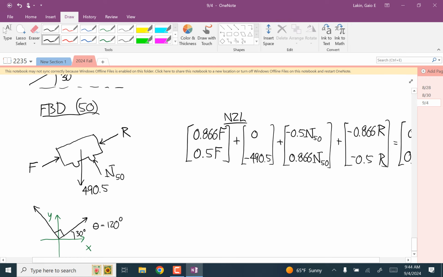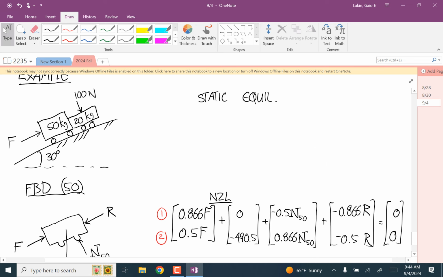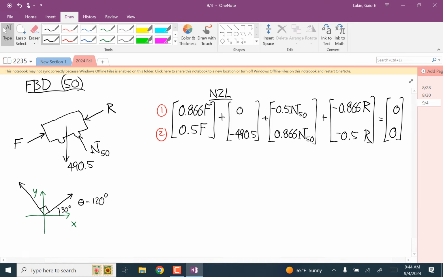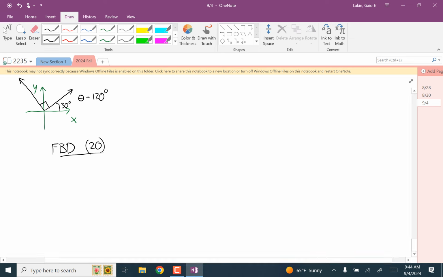Okay, so we got our first equation, equation 1. Here's equation 2. And now we can go on to the free body diagram of the second cart. So this is the 20. The weight force is straight down, and that's 20 times 9.81, so 196.2.